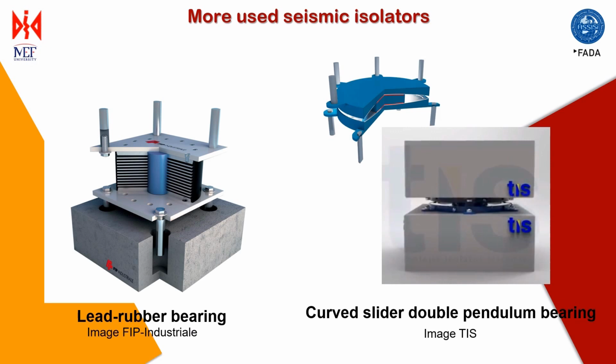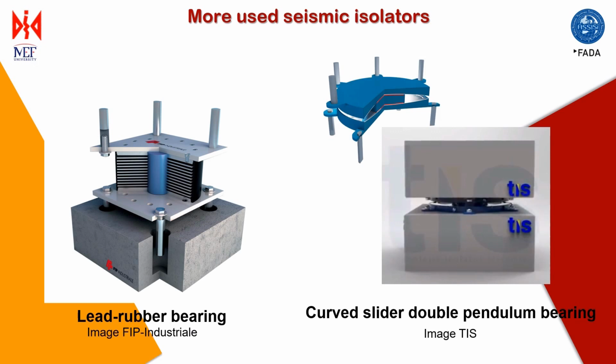The most used seismic isolators are lead rubber bearings and curved slider pendulum. Elastomeric isolators consist of a series of sheets of natural rubber and steel braced alternately and bonded together to form a device that supports the load of the column or plate. They have similar mechanisms.